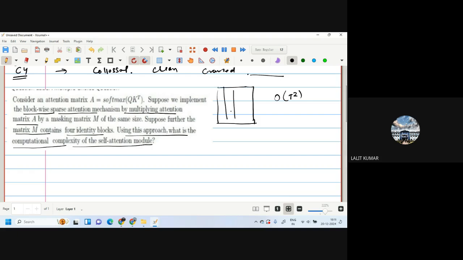So this is full attention, and here we'll also cover the concept of block attention, how it is done. In block attention, the sequence is divided into blocks.